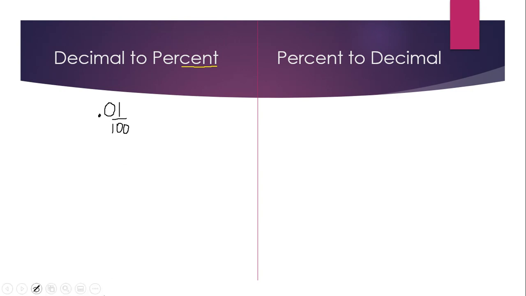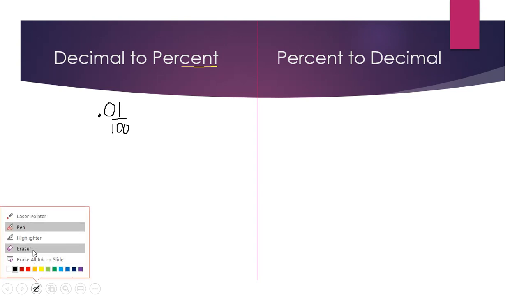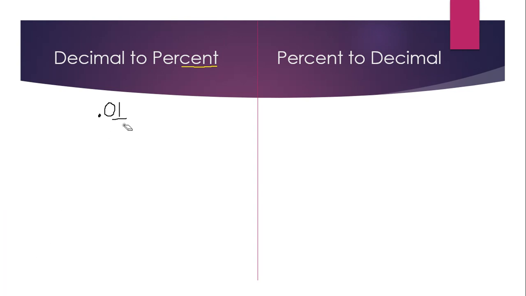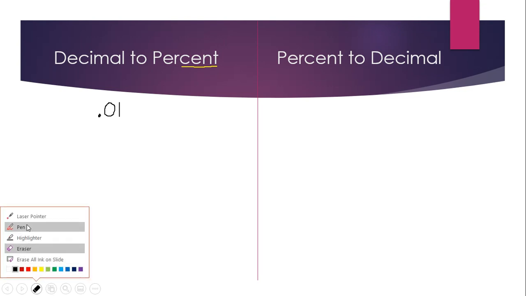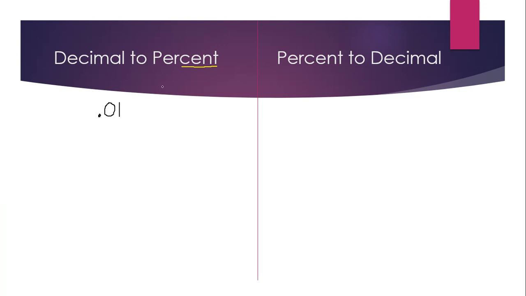So going back to 0.01, if I were to erase this and go back to 0.01, what percent is this? Well, I know that the word cent is inside of percent, and I know based off of place value that this is 1/100th.